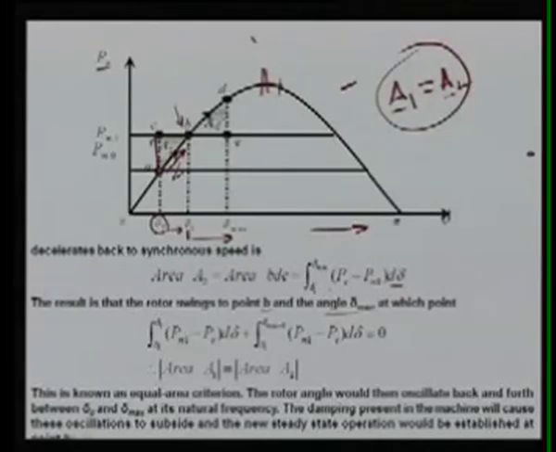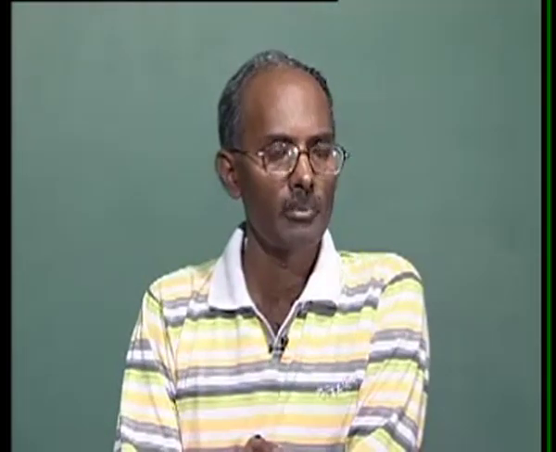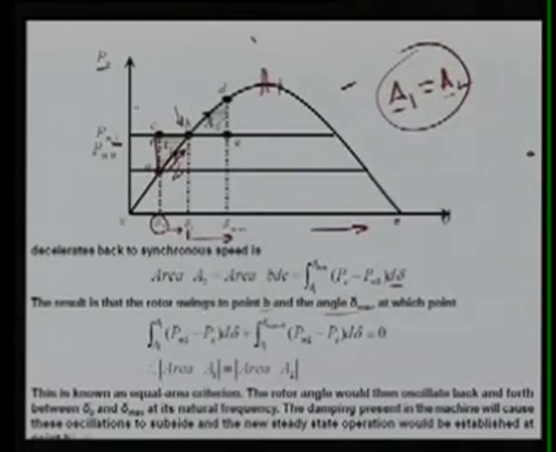For example, in this case, you can see your system is operating here. Now it is always advantageous to know how much you can load in the system. In this case it is PM1. There is a possibility you can go up to PM2. Here it is your PM2, this point, and then if there is a sudden change here, what happens?